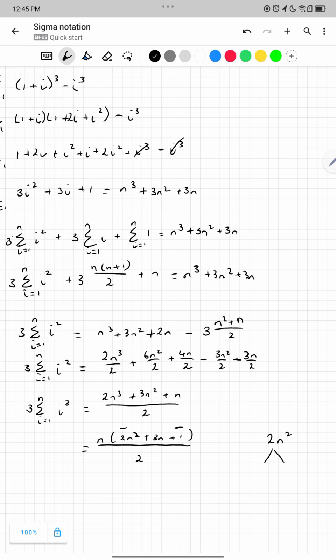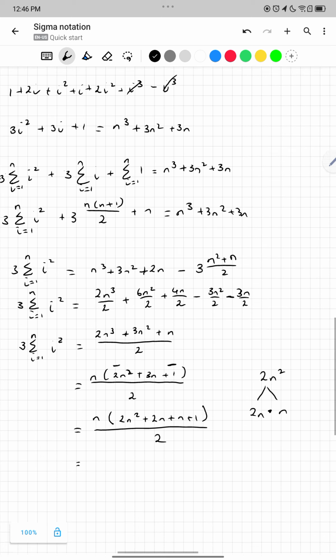Well, it's 2n multiplied by n, right? So we get n times 2n squared plus 2n plus n plus 1, all over 2.